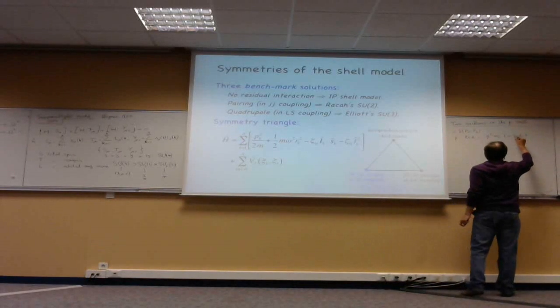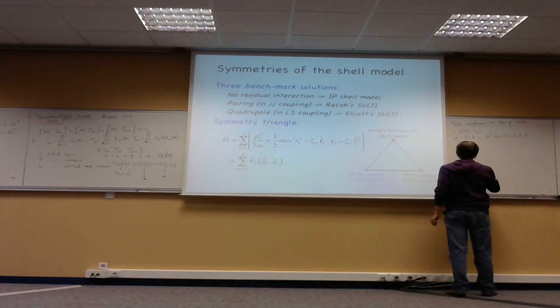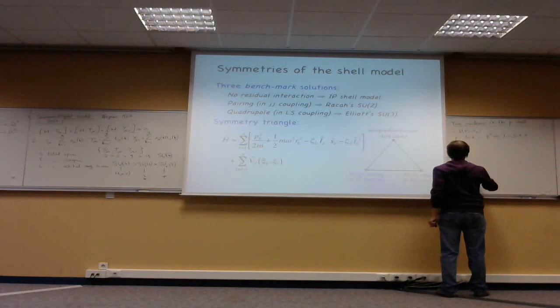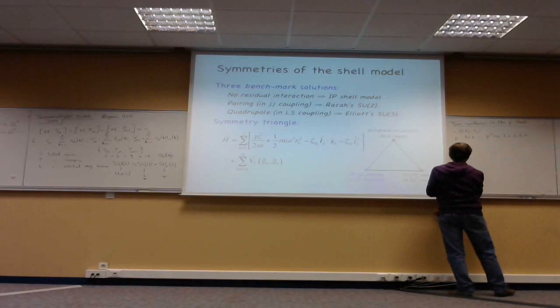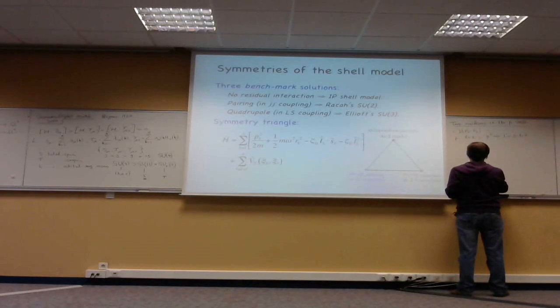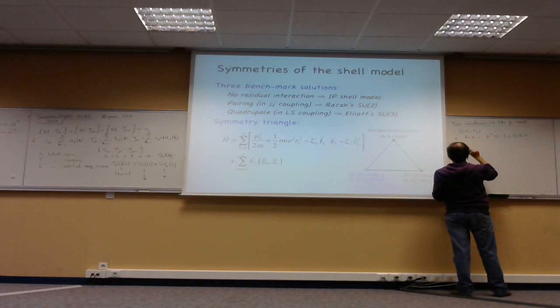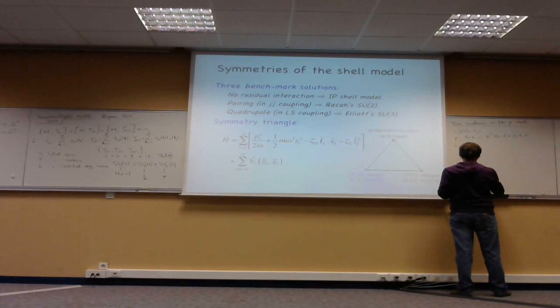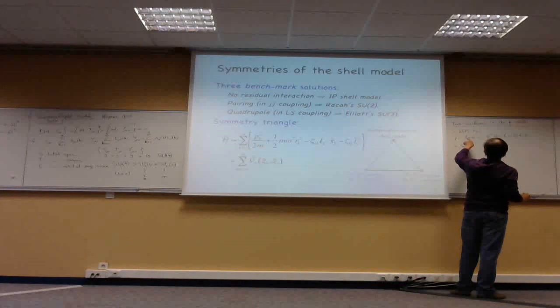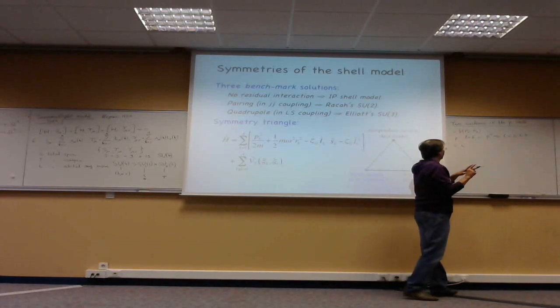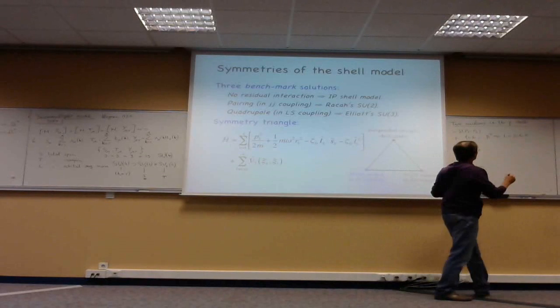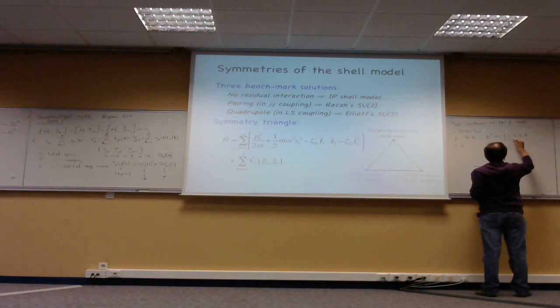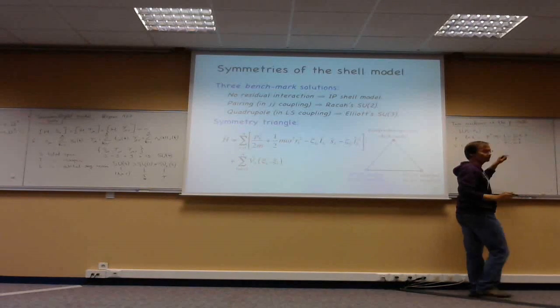So now I know this for a delta interaction will be the most attractive, so let me say something here. I will put S and here L. For the spins, each particle is 1/2, so I can couple to S equals 0 or 1, and then T equals 0 or 1, the isospins, same thing.